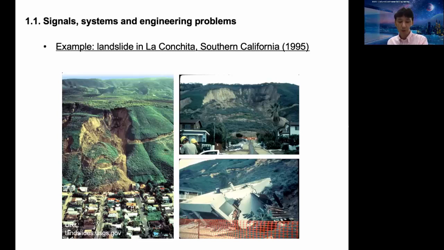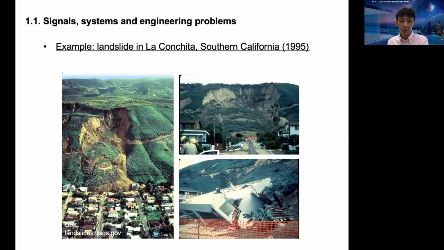And then what will be the effect? Effect will be the occurrence of the landslide, whether the landslide will occur or not, or how far they're going to run out. That will be the output.